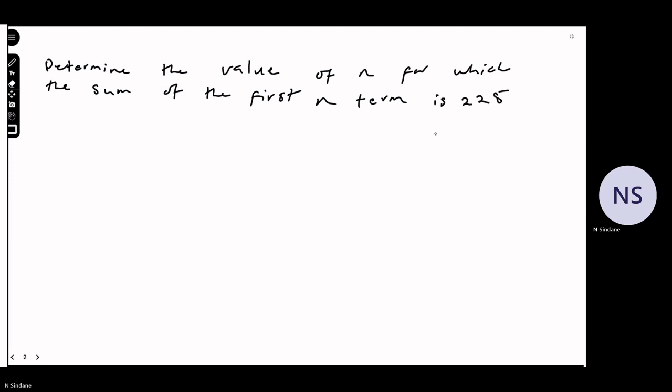So in this case, you are given Sn, which equals 225.